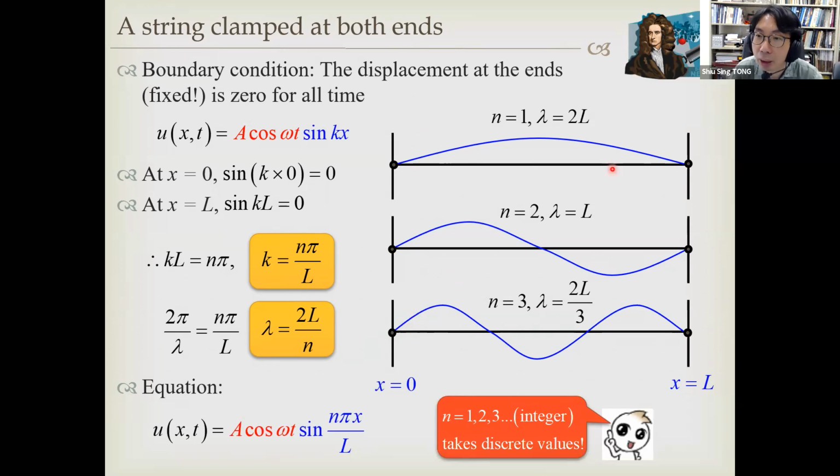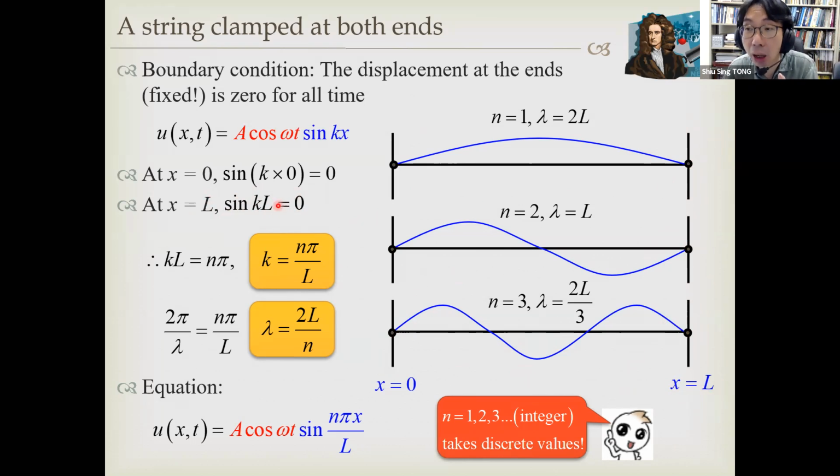Okay. And how about the other end, the right end? We assume the length of the string is L. Okay, so the other end is at x equal to L. And because the other end is also a fixed end, we now require this factor sin kL, when x equal to L, to be 0.